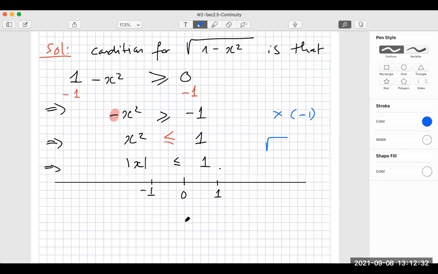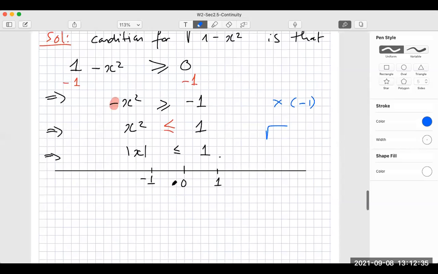And then, what does it mean? Yes, x should be between... the definition of absolute value is this. The absolute value of x is the distance from that point to the origin. The distance is smaller than or equal to 1.